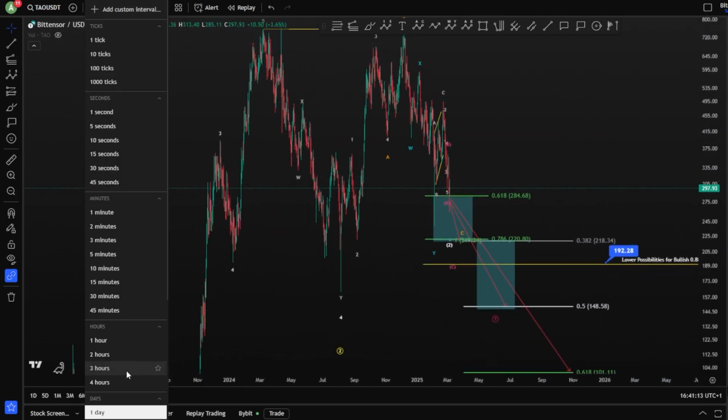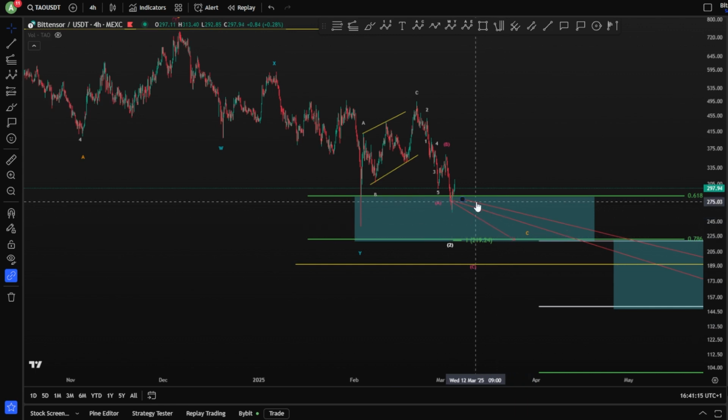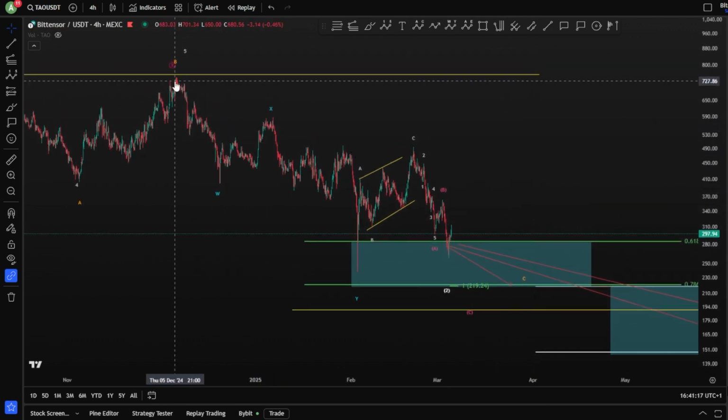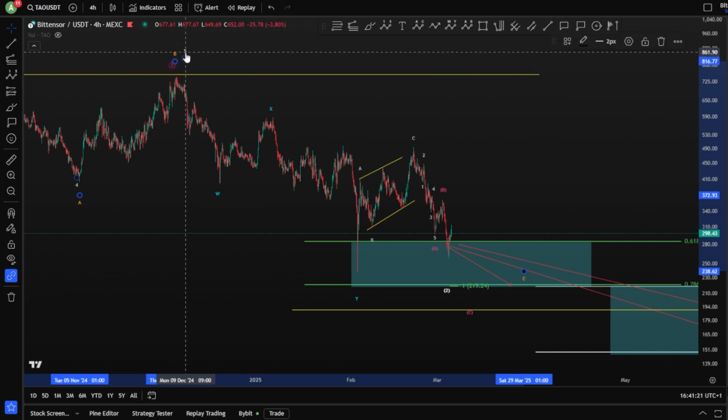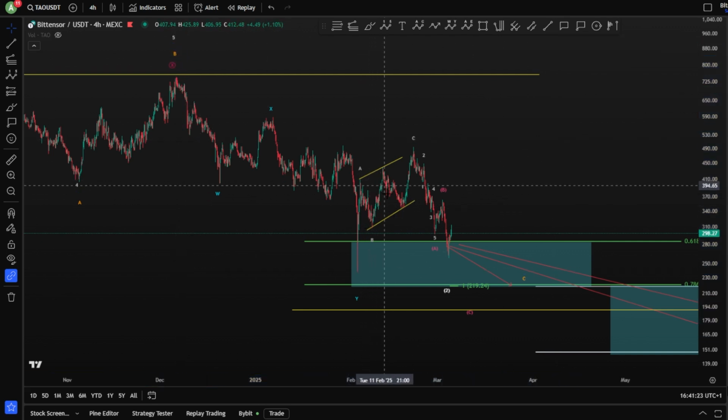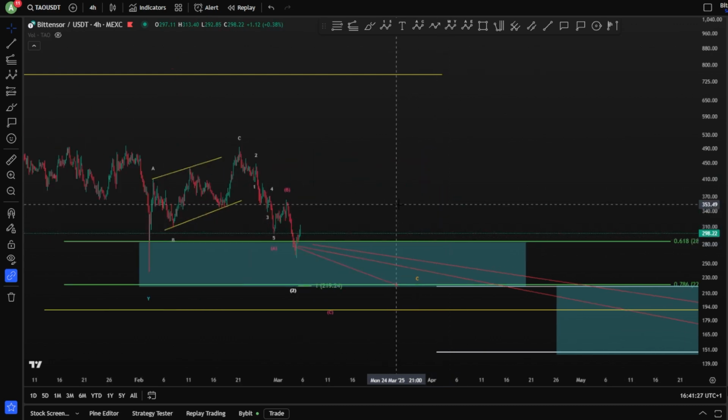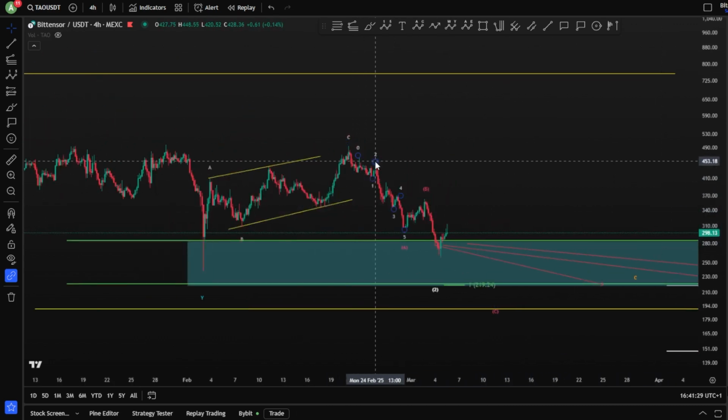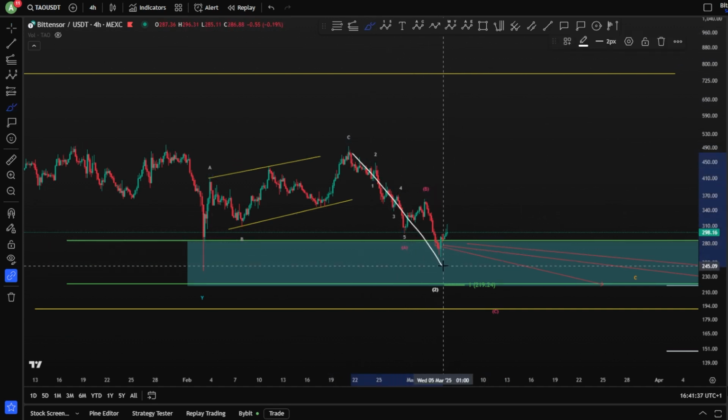So let's dive deeper inside it here on the 4-hour chart. As you can see, potentially we have WXY finished here, and we're looking for, of course, a correction, as we said, A, B, and a C. And then 1, 2, 3, 4, 5 impulse already finished here, 1, 2, 3, 4, and a 5 potentially. Or it can be, even as this is a deeper impulse, just one leg toward the downside.